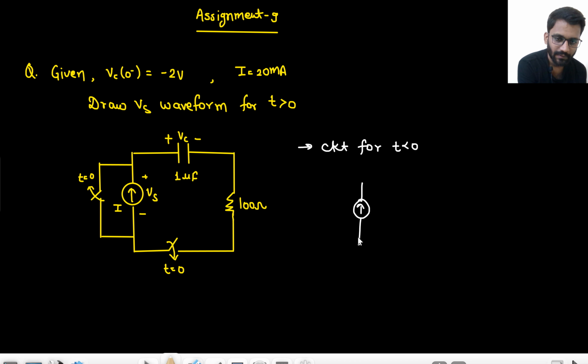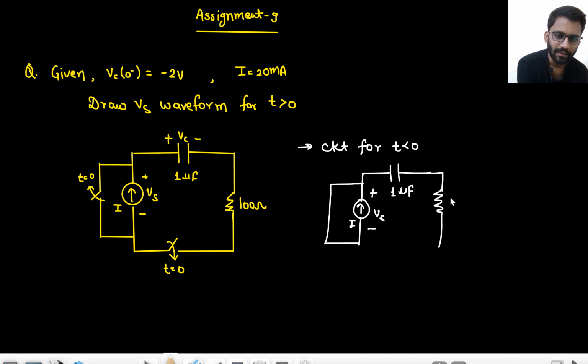This is Vs, this is the current source I, then there is this capacitor of 1 microfarad, and this 100 ohm resistor, and these are open circuited.